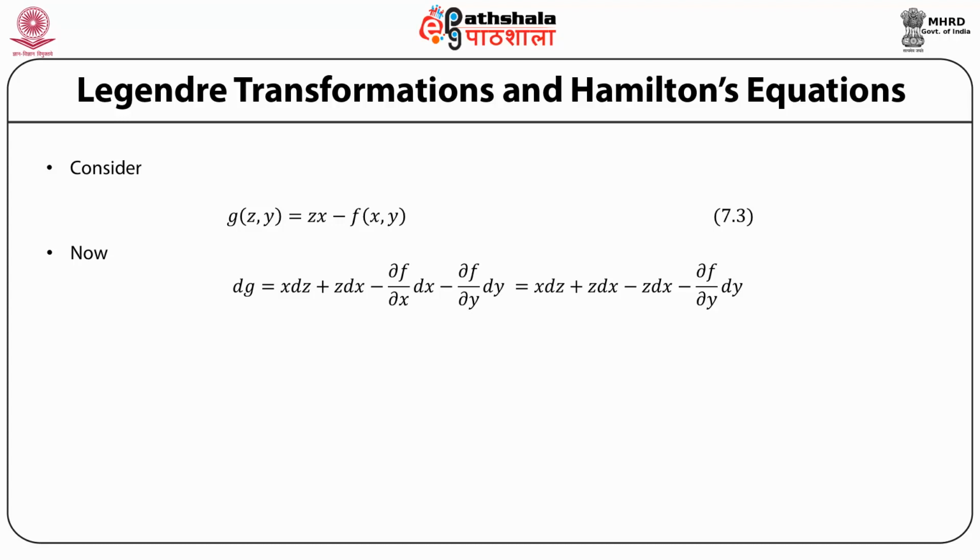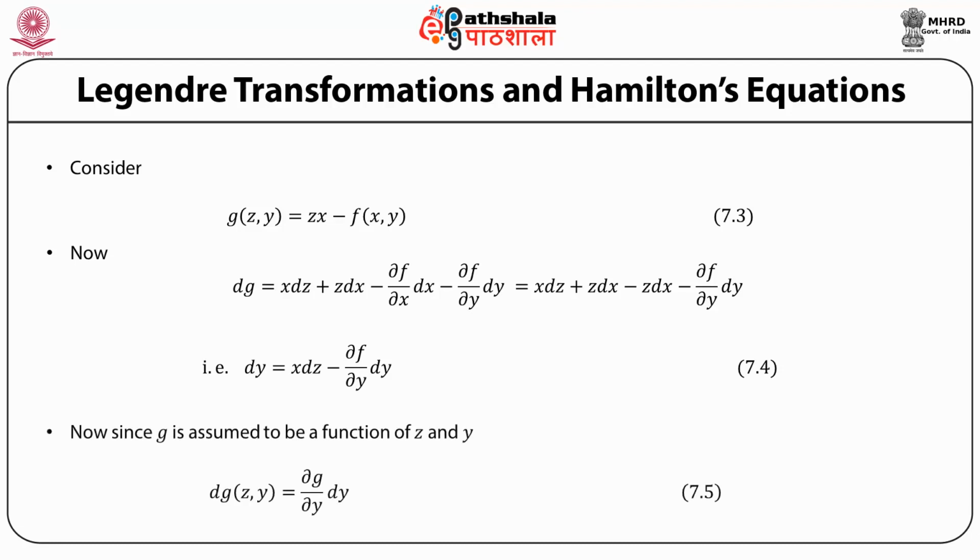So the differential of this new function g is obtained by using the chain rule, as therefore dg equals x dz plus z dx minus z dx, because df/dx is defined as z, minus (df/dy) dy. That is, dg is equal to x dz minus (df/dy) dy.